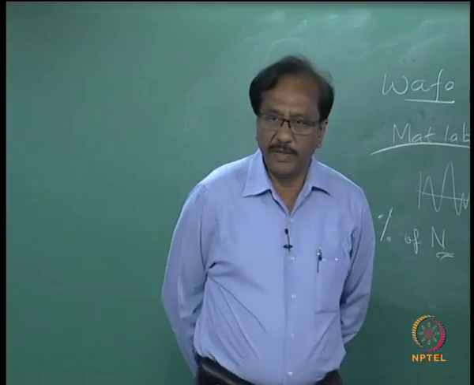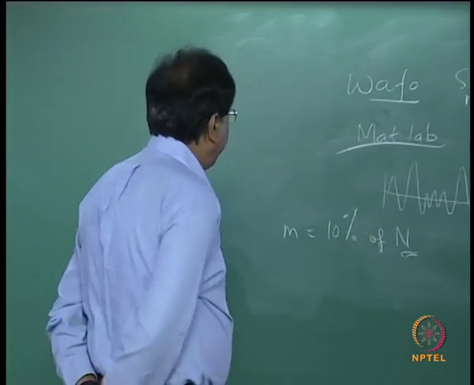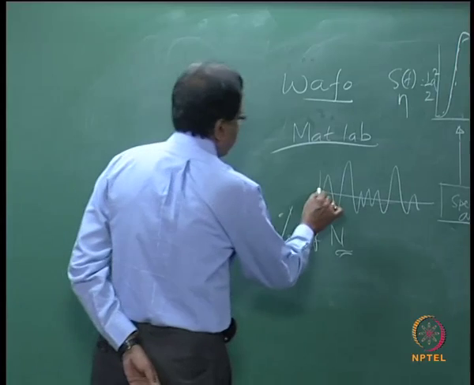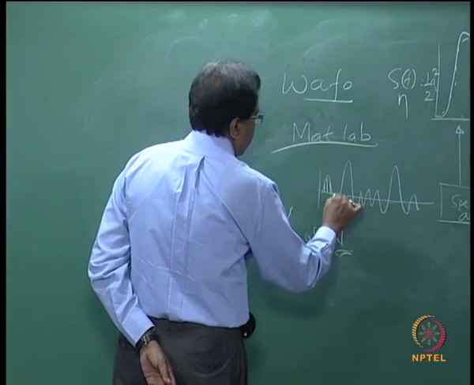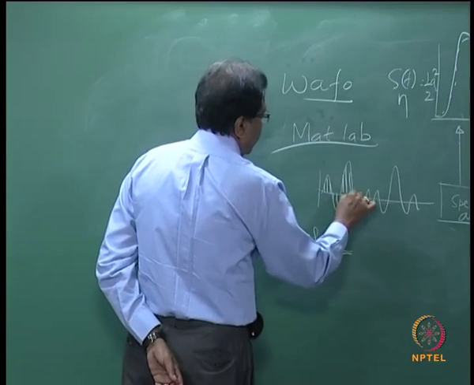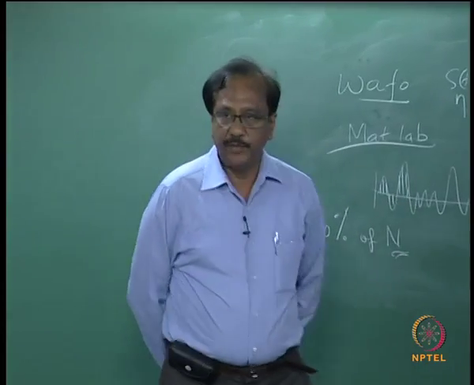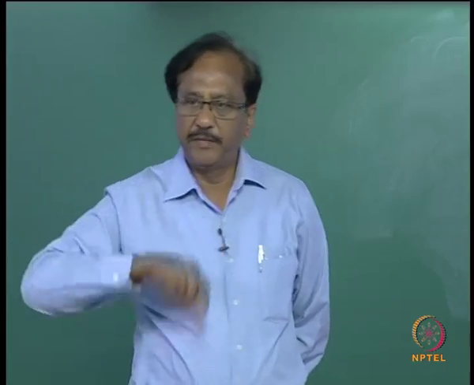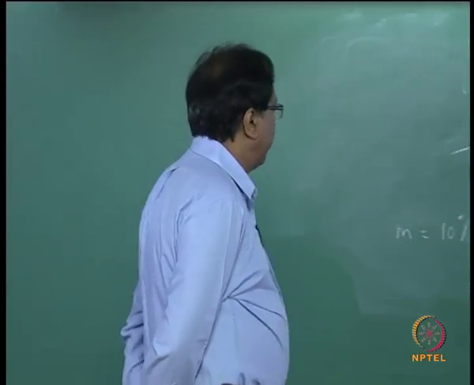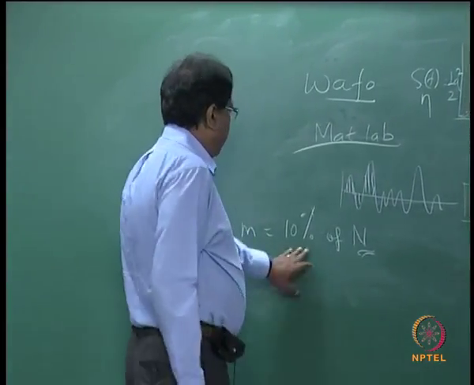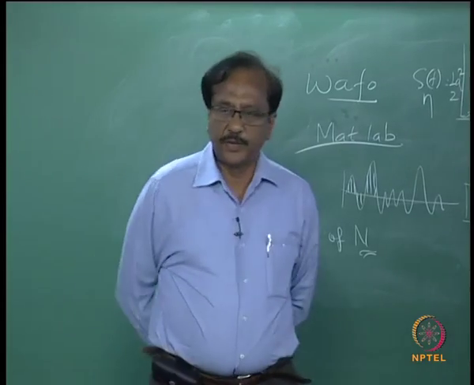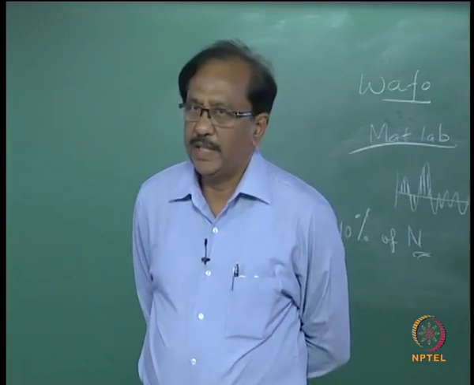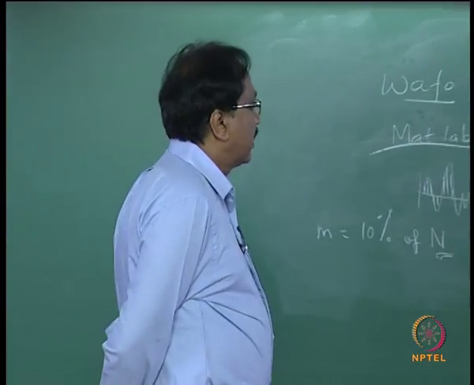What do you mean by number of data values? Number of digital values, which will be either positive or negative. You digitize the random record at regular intervals, a constant sampling interval, and then take 10% of the total number of data as the number of components.